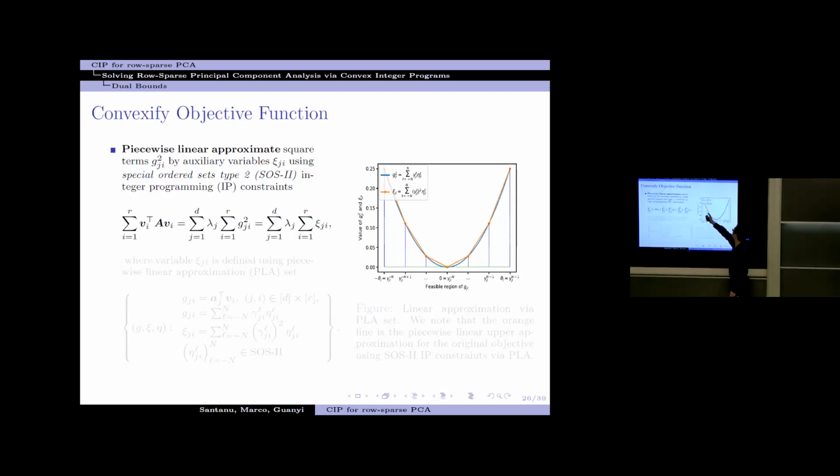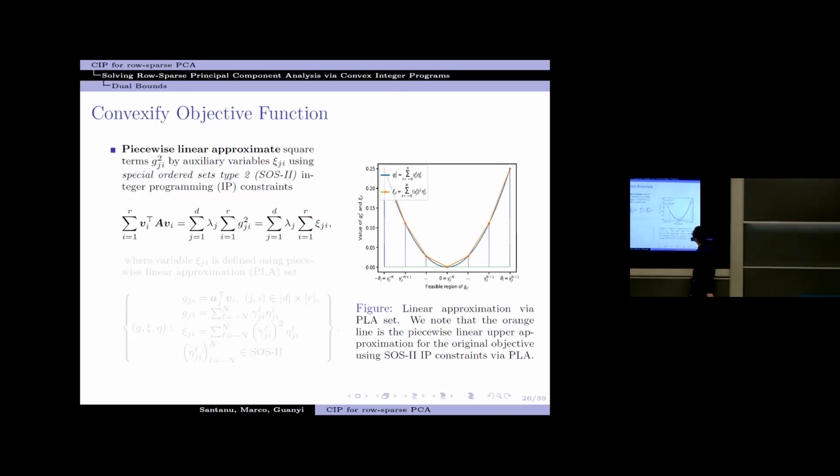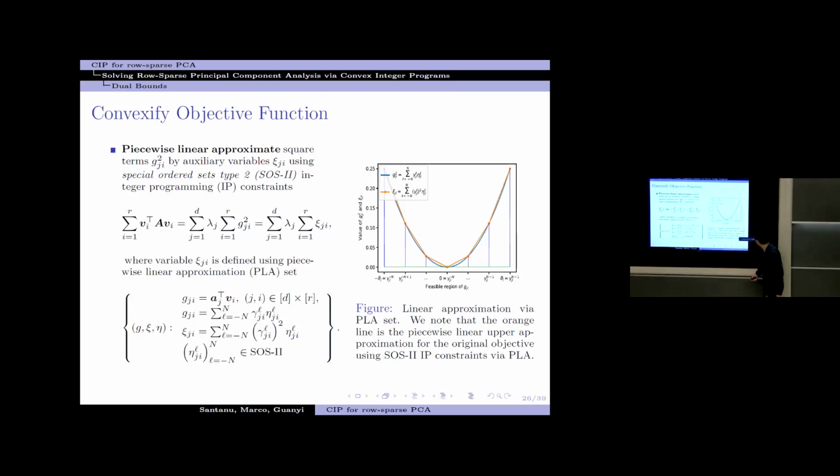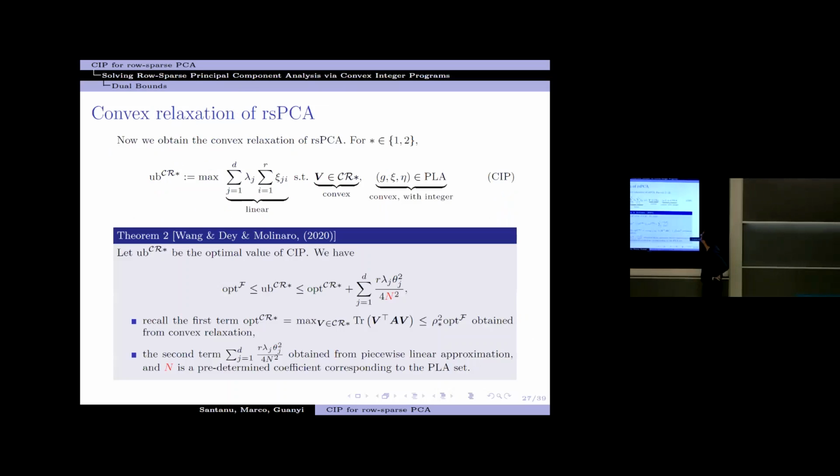The blue part is the quadratic, the squared part, and the orange part is the piecewise linear upper approximation for the quadratic. We implement this using the SOS type 2 constraint, I mean, special ordered set type 2, and it is defined here. So, any questions?